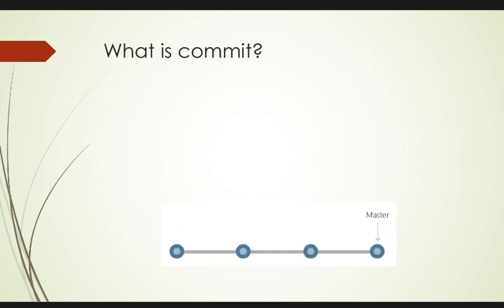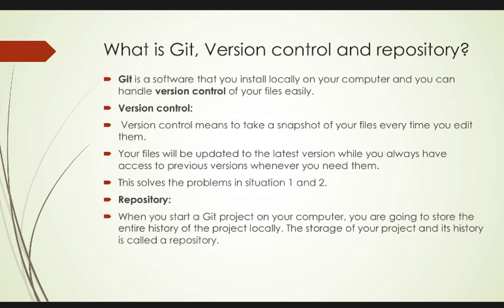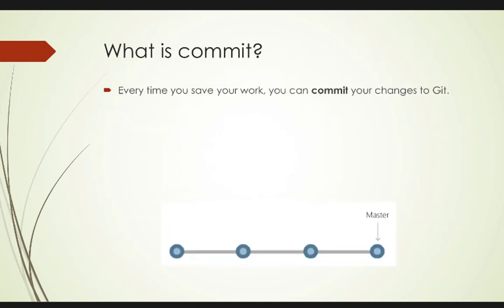So what is a commit? Every time you save your work, you can commit the changes to Git. And if you remember, Git was a software that you install on your own system. So you can commit the changes to Git each time you make changes. A commit is basically a snapshot of your files at a specific time point.